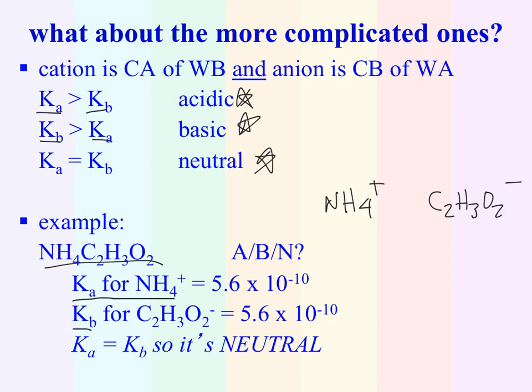And I looked up the Kb for acetate, and it actually has the same value. So since Ka and Kb are the same in terms of their values with these two cation and anion respectively, we end up with a neutral solution. Now, if the Ka was bigger, then we would have an acidic solution. If the Kb was bigger, we would have a basic solution. So pretty much straightforward. You'd obviously need to hunt for a little bit more data, but you'd be able to get what you need.